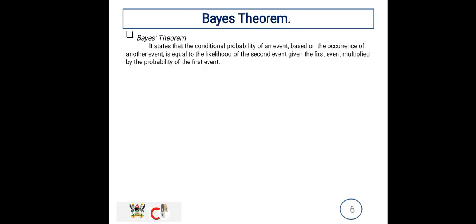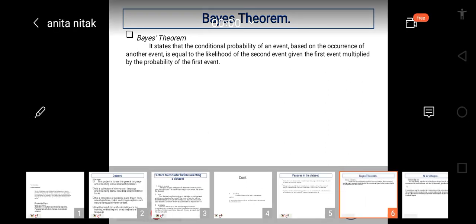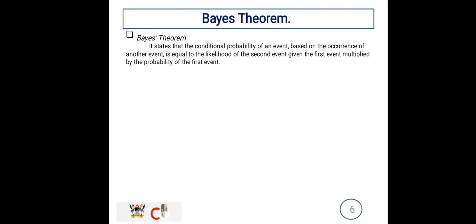Bayes' theorem. When you talk about Bayes' theorem, I don't know what comes to your mind. It states that the conditional probability of an event based on the occurrence of another event is equal to the likelihood of the second event given the first event multiplied by the probability of the first event.